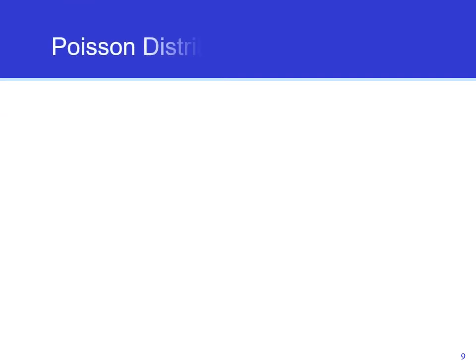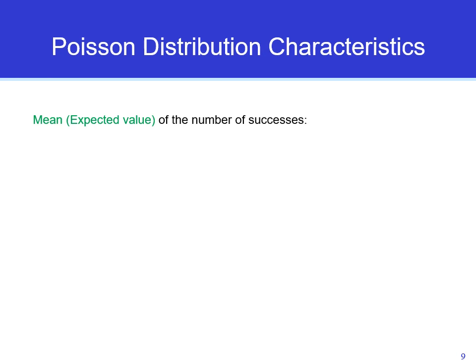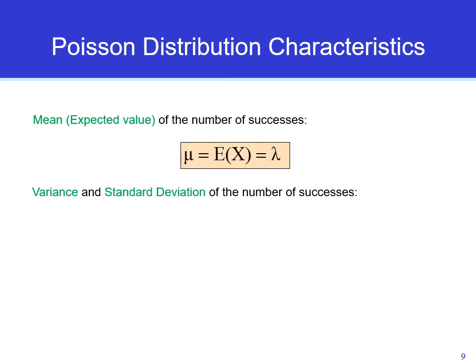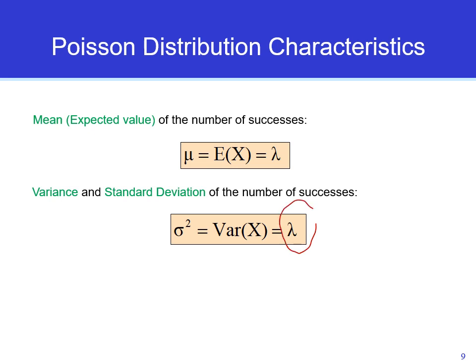Let's see the characteristics of Poisson distribution. The mean or the expected value of the number of successes in Poisson distribution, mu, is equal to lambda. We already know that. The variance of the number of successes, sigma squared, is equal to lambda. So as you see here, in Poisson distribution the variance is equal to mu.